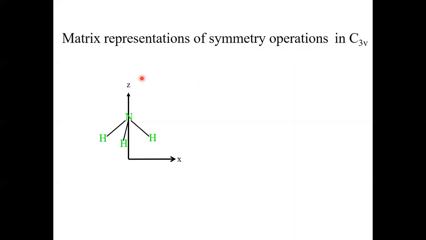So we could define a coordinate system for a molecule that belongs to the point group C3V, and we're choosing here the ammonia molecule, which is a pyramidal structure. We choose the coordinate system so that the x-axis is within the NH bond, okay, and the z-axis goes to the top of the pyramid and stands perpendicular to the trigonal base.